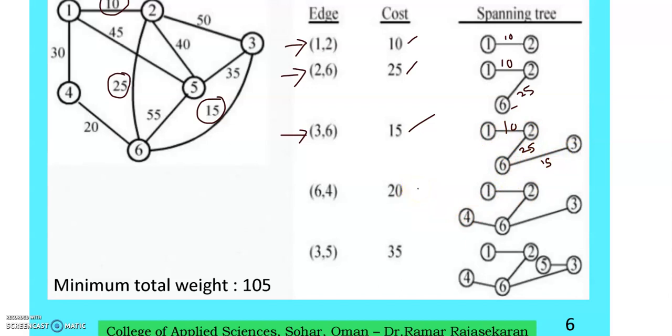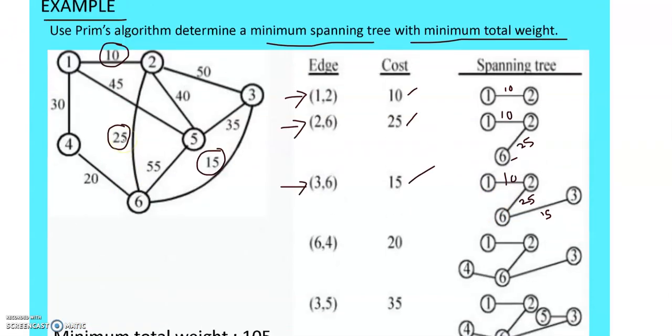Now you see from 6. Now you have so many options. See, from 6 you can see, and from 2 you can see, from 3 you can see, from 1 you can see. So many edges you have. But whenever you select the new edge, first condition should be the minimum weight.